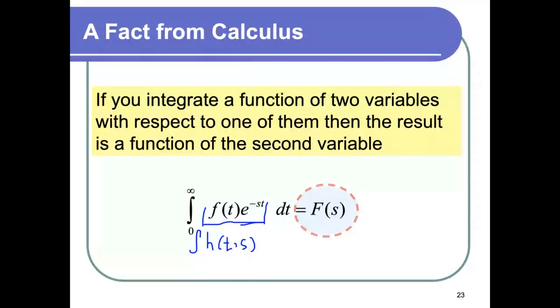Now, if I integrate it over time t from 0 to infinity, you get another function, call it capital F, which will be a function of s. This capital F of s is the Laplace transform of f. So this is the definition. We're not trying to derive this. It's given to us as is. It's what Laplace, the mathematician, defined. Any questions up to here?